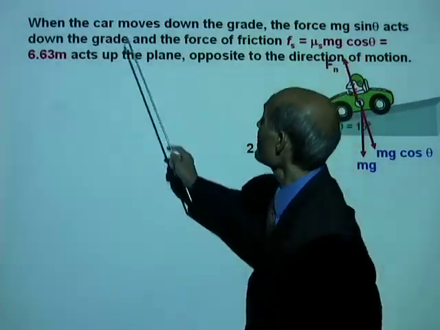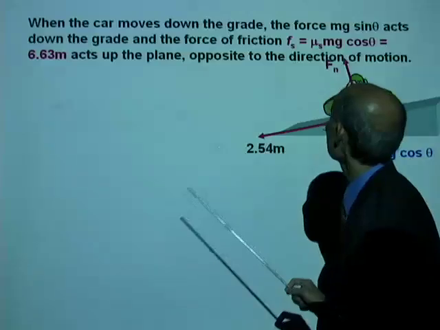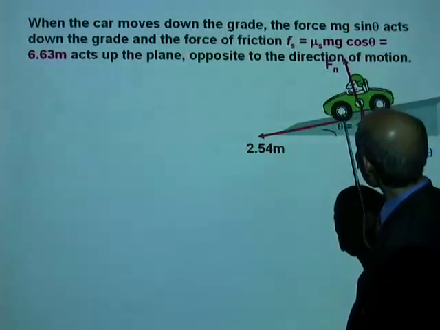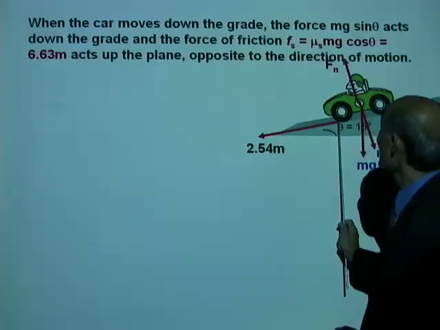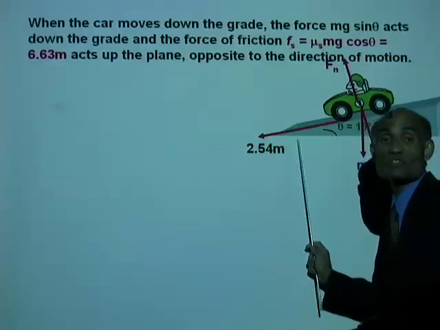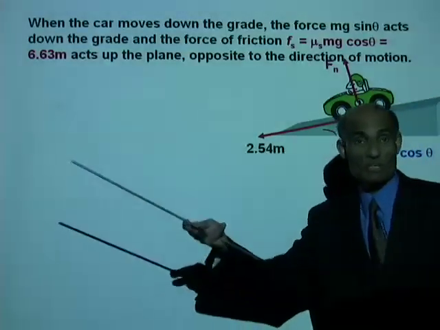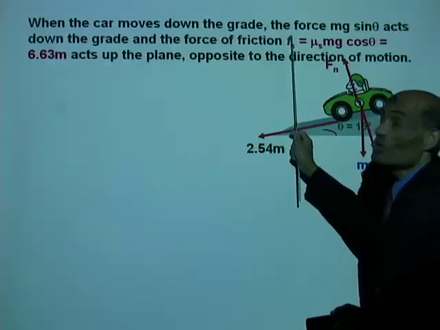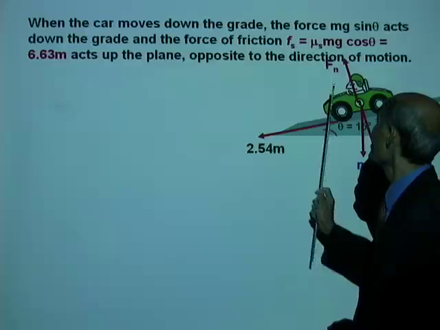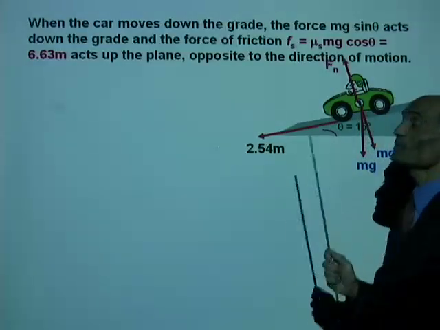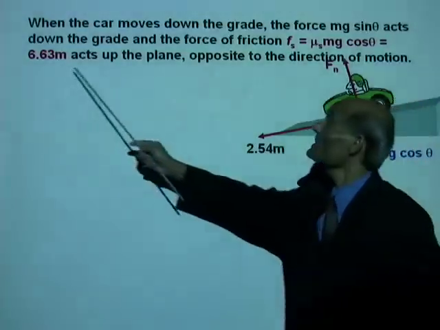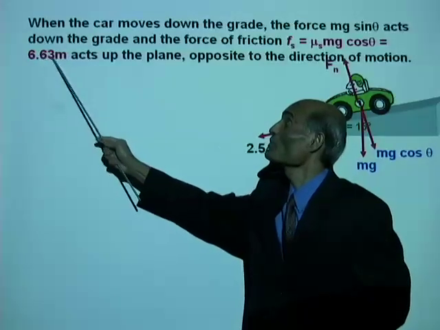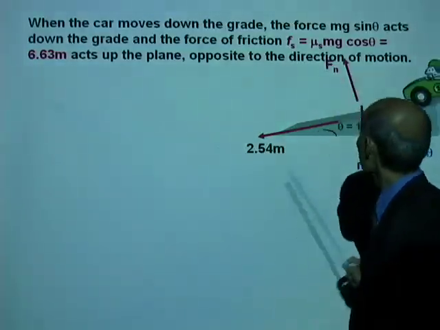Well, when the car moves down the grade, the force mg sine theta will be acting down the grade, and mg sine theta is 2.54 m, the same value that we calculated earlier. But the force of static friction now will be opposing the motion, and we calculated that again in the previous slide, that is 6.63 m. So that's the difference now.